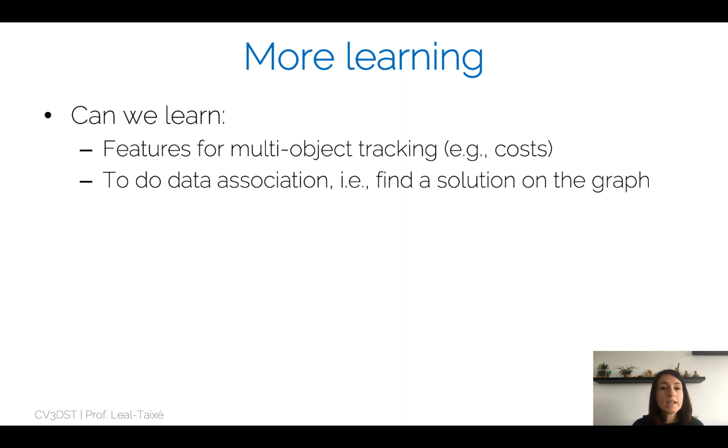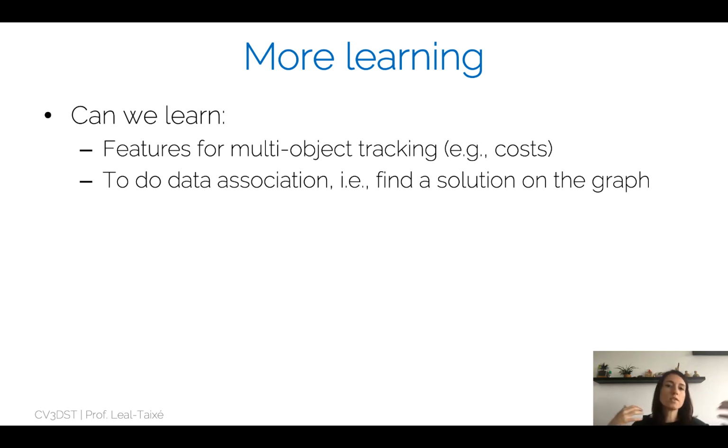But what would be really nice is if we could do more learning, if we could learn the features for the multiple object tracking problem, that is the cost. So all this information about appearance, about distance between bounding boxes. But at the same time, we would also learn to do data association. Essentially, we would learn to find a solution on the graph. Right now, we have presented the graph formulation, and this is completely separate from the learning of the cost, right?